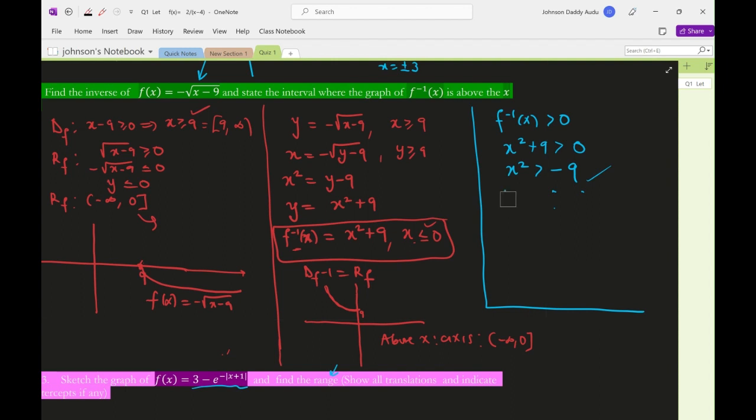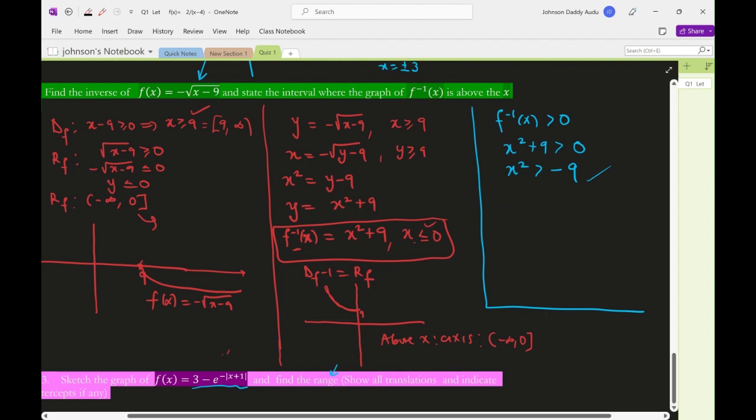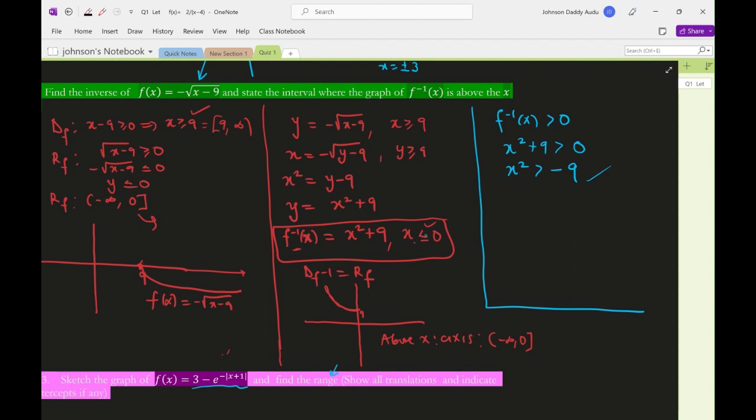So if you don't want to go from here, you can use the fact that any x you take here, because this is where your x is coming from, x is less than or equal to 0. So for any x there, if you square it, it's going to be greater than any negative number. So it means this is always true.